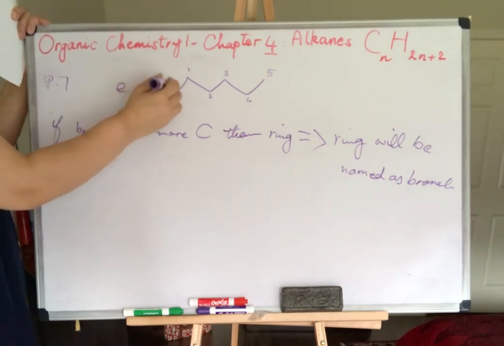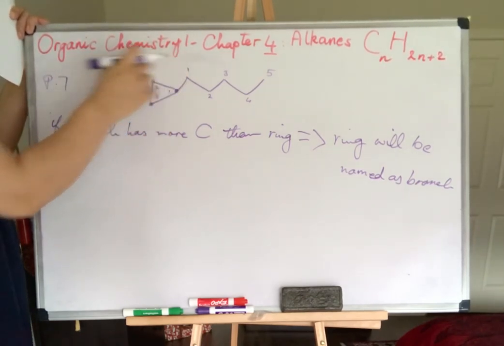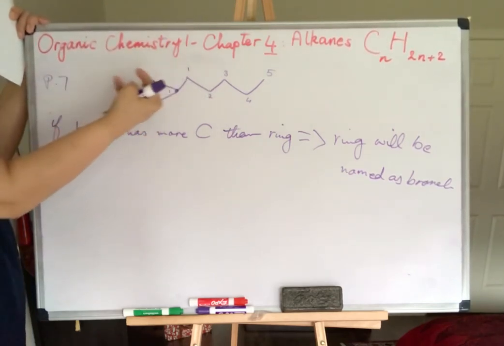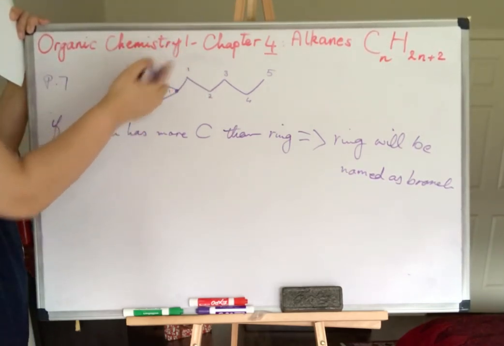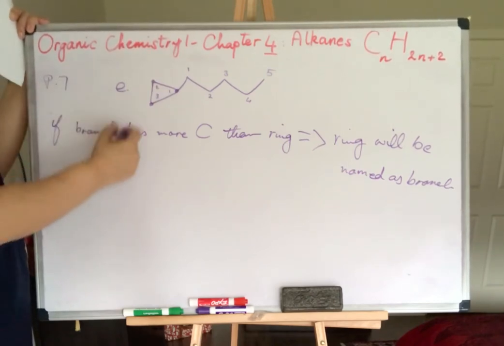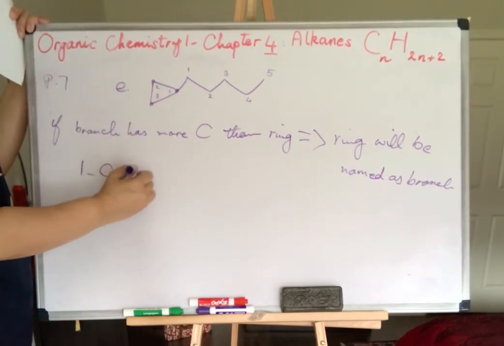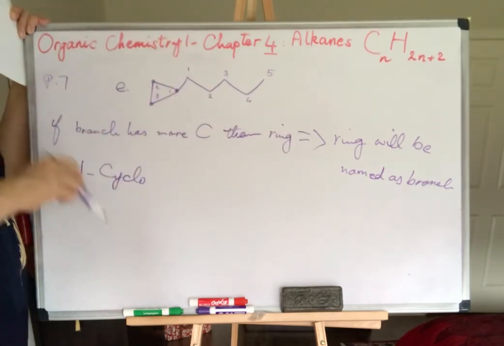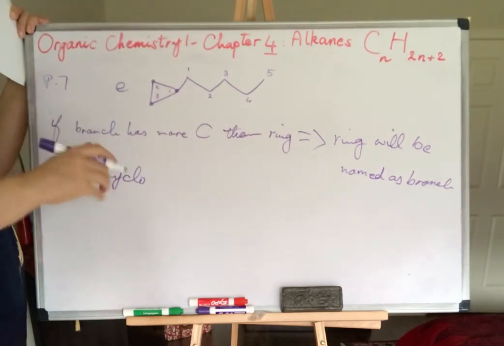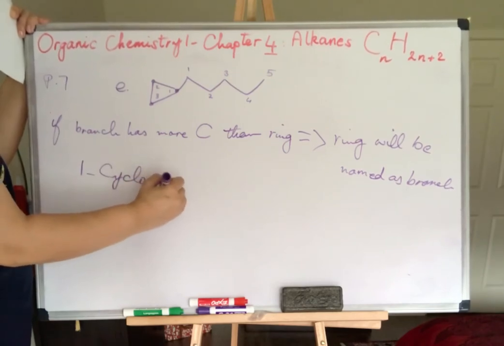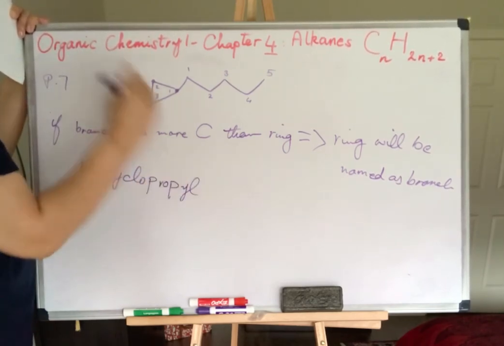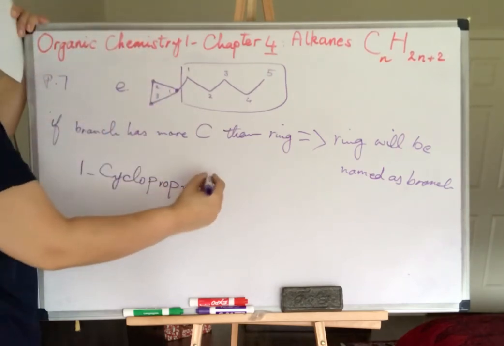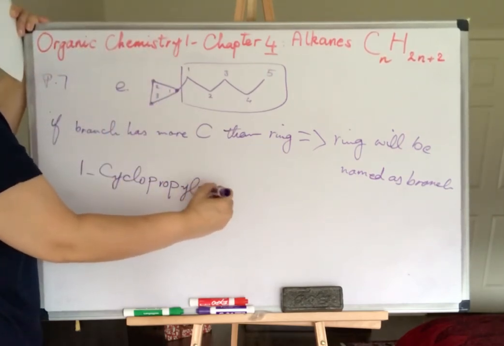A cyclopropane is attached to which carbon? We numbered the carbons closer to the branch, right? So 1, what is on 1? If I'm naming the ring as a branch, so it's not cyclopropane anymore. It's cyclopropyl, and this part is the parent chain, cyclopropyl pentane.